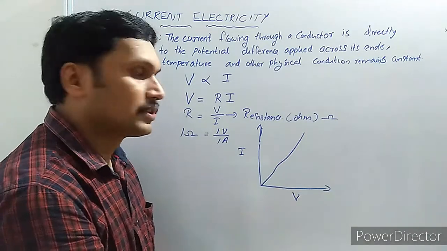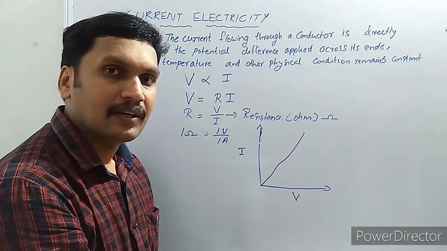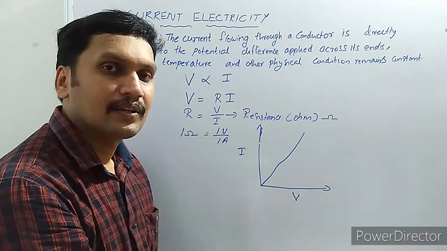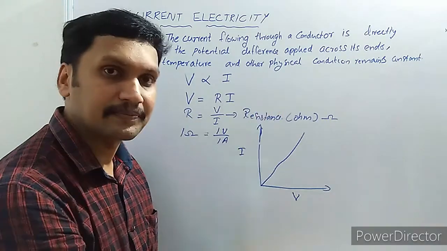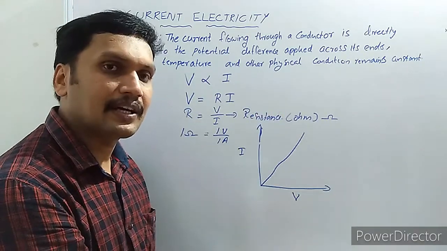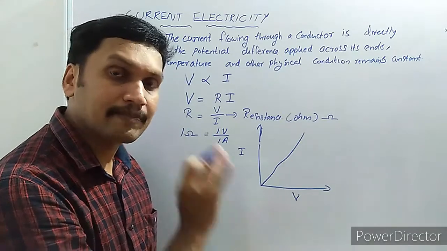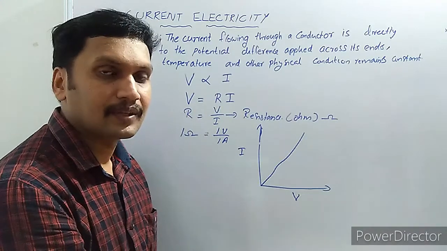Now, every conductor has some resistance. A conductor having some good resistance can be called a resistor. Its purpose is to resist, so we call it a resistor.